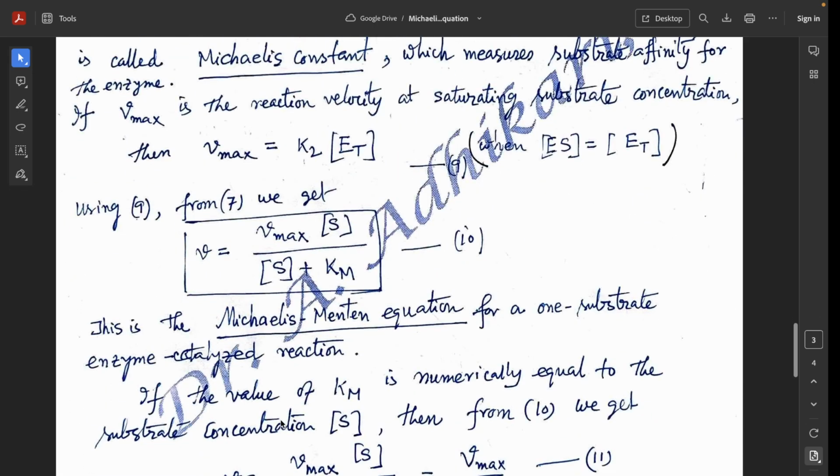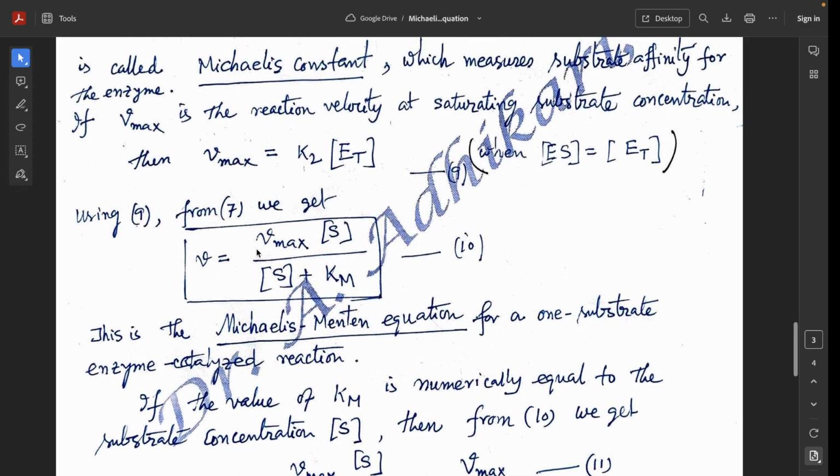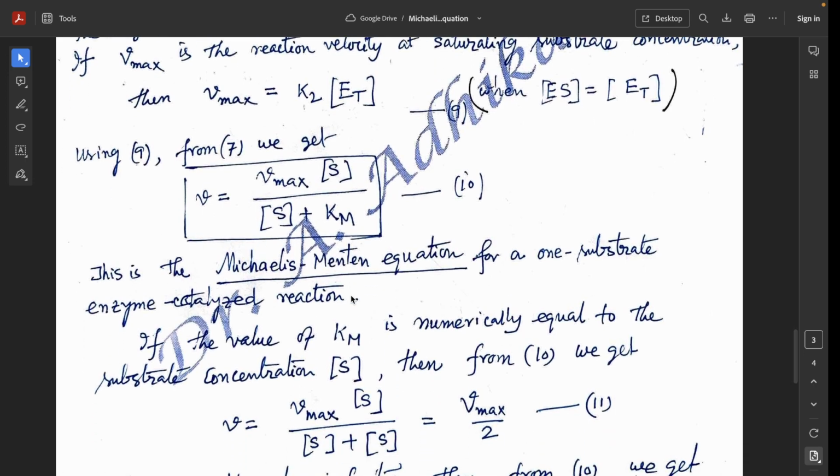So we get Vmax equal to K2 times the concentration of ET, and using equation 9 we get V equals Vmax times the concentration of S divided by the concentration of S plus Km, and this is known as the Michaelis-Menten equation for a one-substrate enzyme-catalyzed reaction.